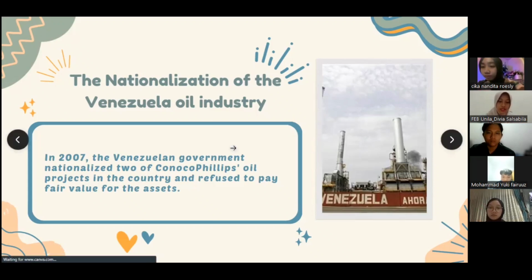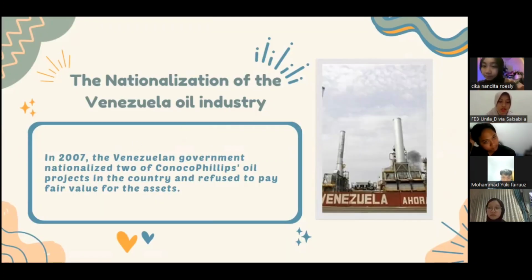ConocoPhillips first entered the Venezuelan oil market in 1992 through a partnership with Venezuela's state oil company, Petróleos de Venezuela S.A., or PDVSA. The partnership created a joint venture known as Hamaca BV, which focused on developing heavy oil fields in the Venezuelan Orinoco Belt.